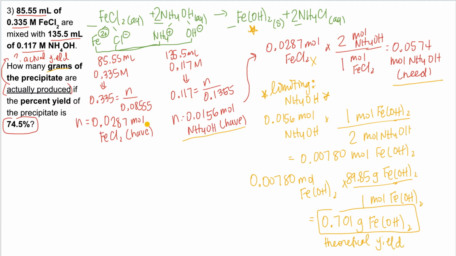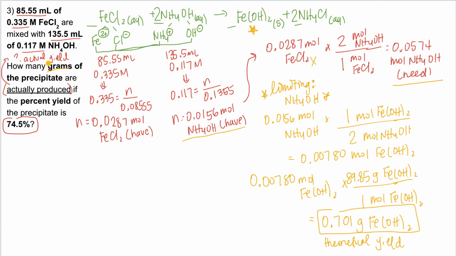Okay, so don't forget, with these lovely stoichiometry calculations, we're living in theoretical land this whole time. You're trying to show that if everything went perfectly according to plan in the reaction and all the limiting reactant gets used up, then this is the maximum amount of iron 2 hydroxide we can expect to make.